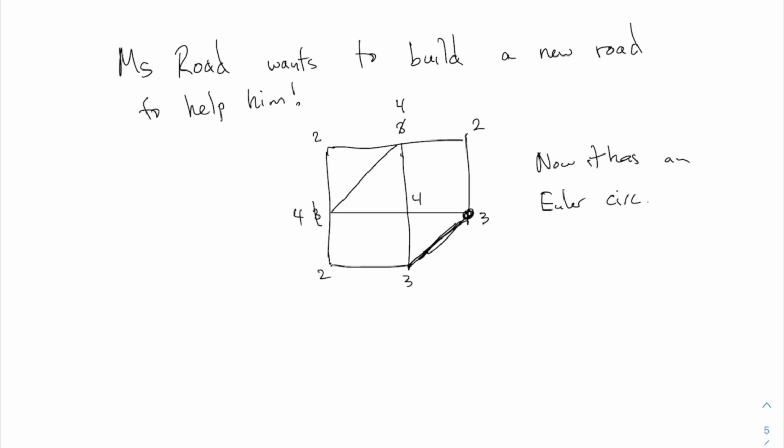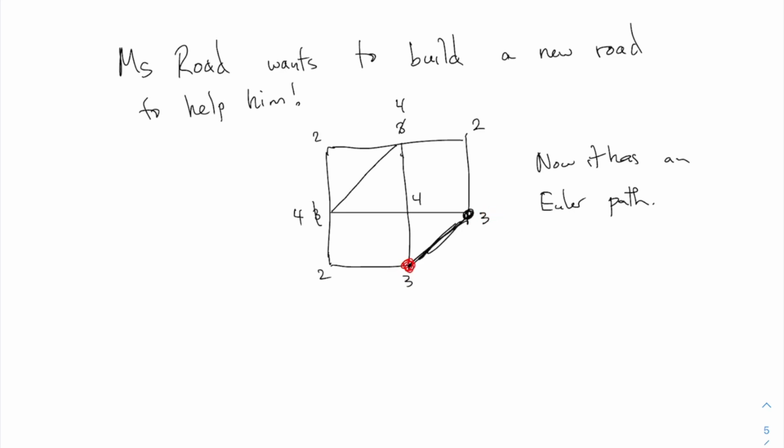Not circuit, it has an Euler path, right? And you can say specifically where the Euler path is going to start and end. Oddly enough, it does not begin on the new road, even though the new road is what makes it possible. It begins here at one of the 3s. Here, let's just draw it in.